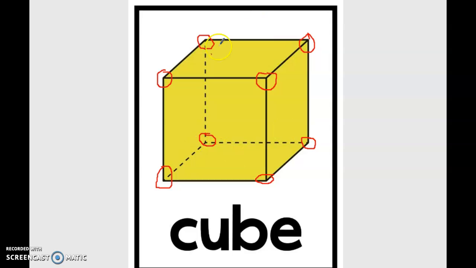So there are 8 corners on a cube. Can you think of something that looks like a cube and name it for us? Mrs. G thinks of a box when I see a cube, or a dice that we use in the classroom.